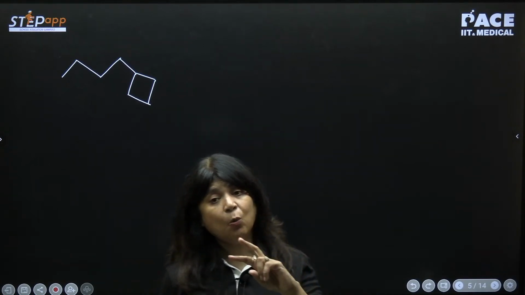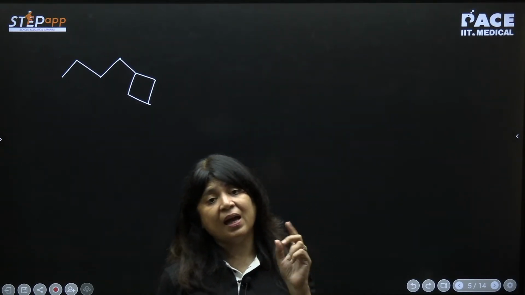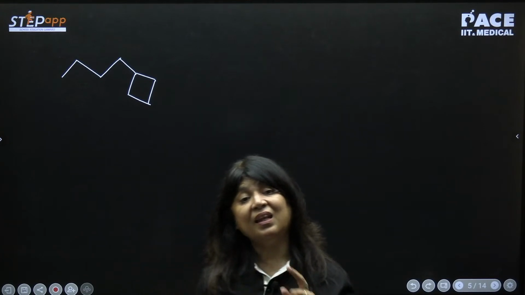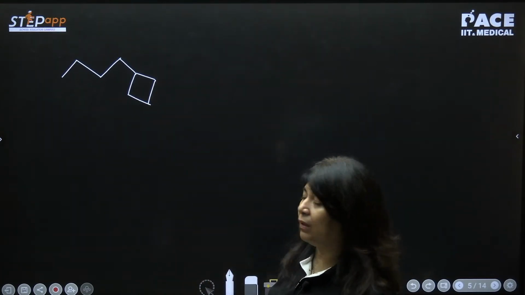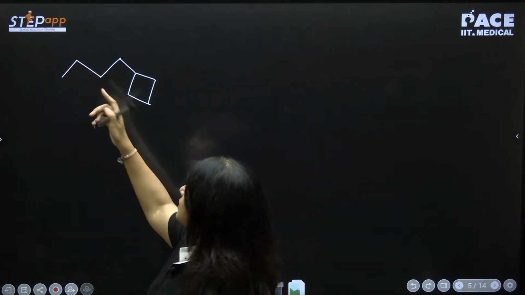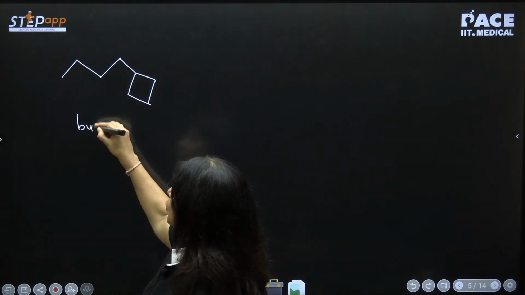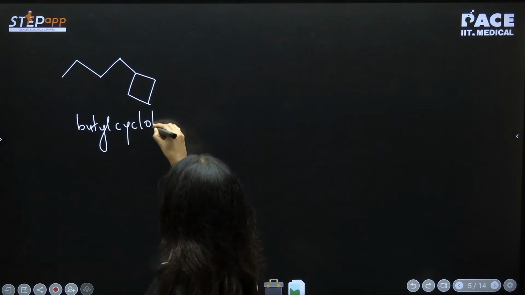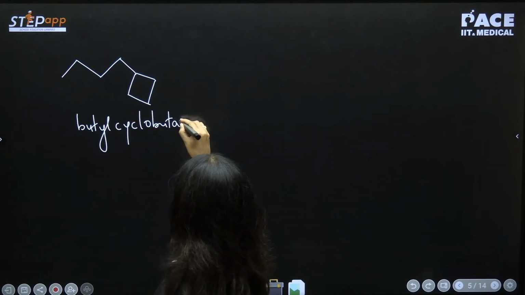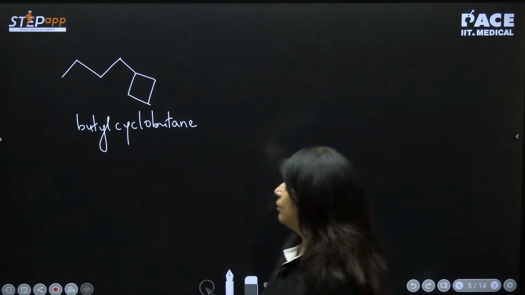If you have an equal number of carbon in the side chain as well as in the ring system, then the ring is taken as the parent. So the parent is going to be cyclobutane. This is going to be named as a substituent. So it's butyl cyclobutane.